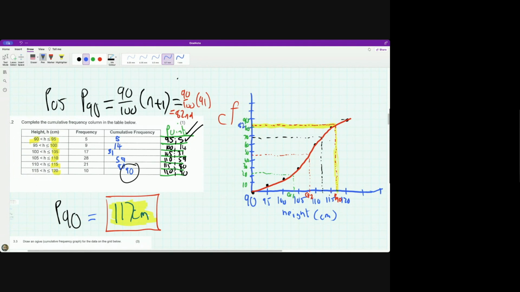Now, if we know that 82 students were shorter than 117, how many students are taller than 117 centimeters? How many were there in total? What's left? I'll wait for some answers in the chat before I explain it.